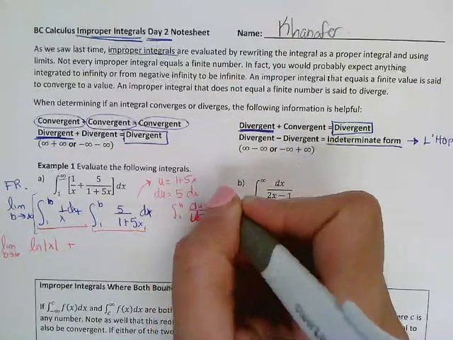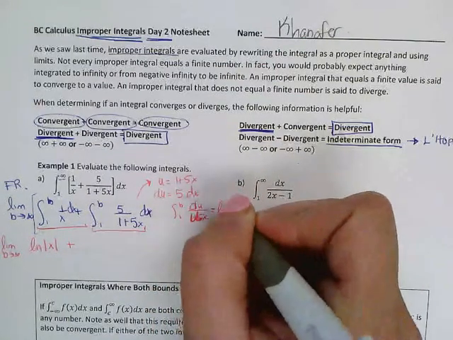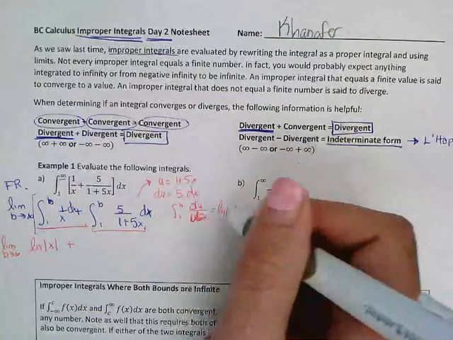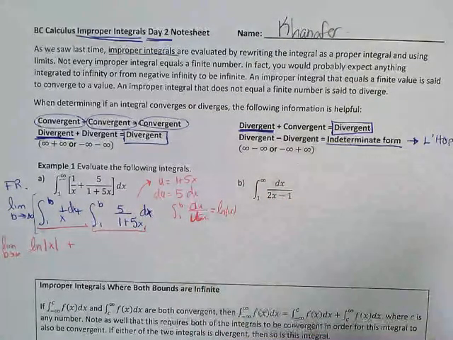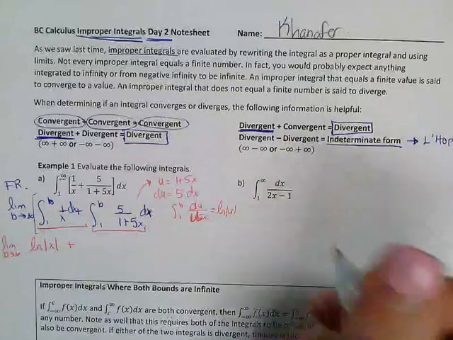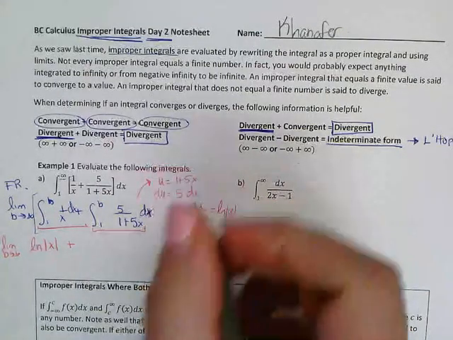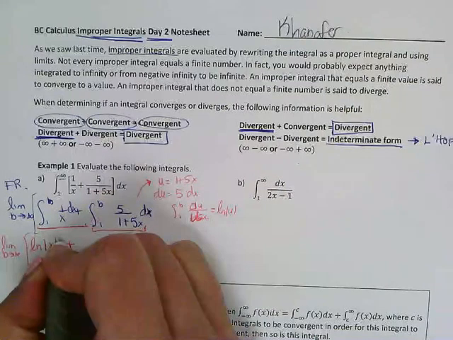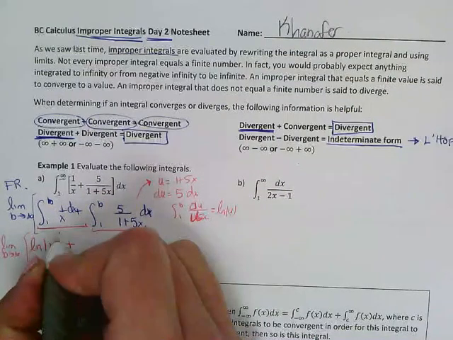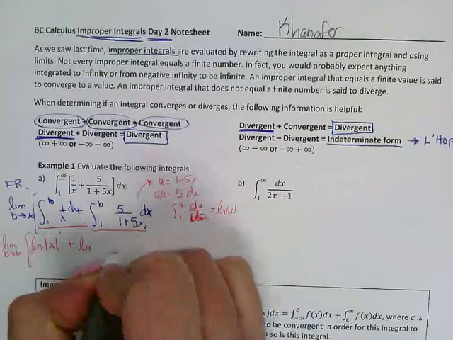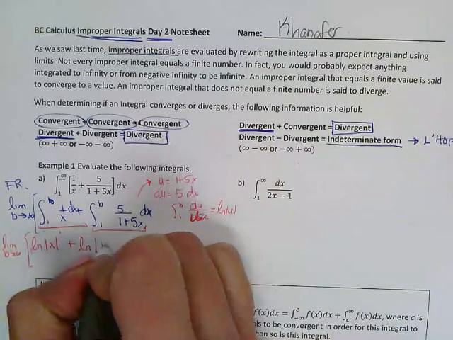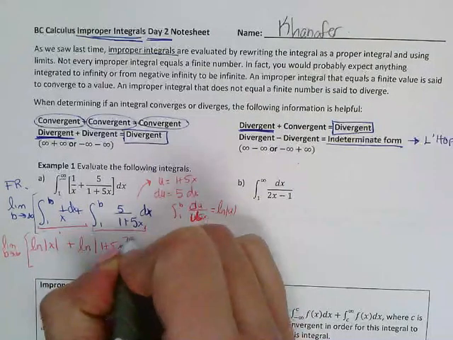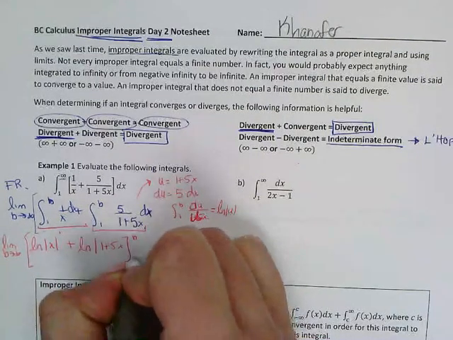And so the integral becomes ln of u. And here u is 1 plus 5x, so this becomes ln of the absolute value of 1 plus 5x. And then this whole thing is integrated from 1 to b.